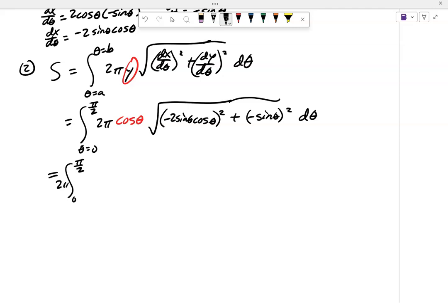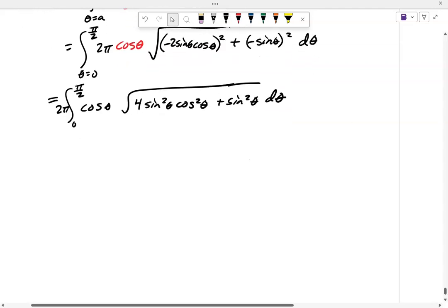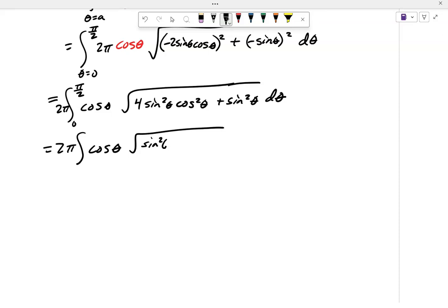I'm going to put that 2 pi right there, the cosine theta. And then we got negative 2 squared, I got 4, sine squared, cosine squared plus sine squared. I'm going to factor out a sine squared. So we got 4 cosine squared theta plus 1.